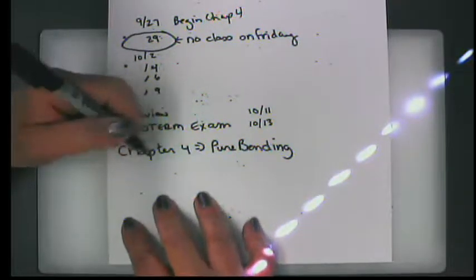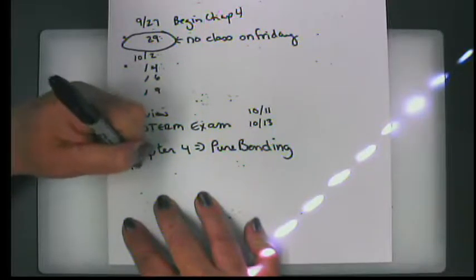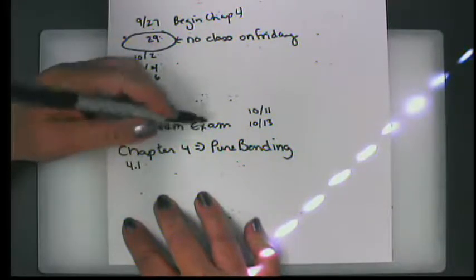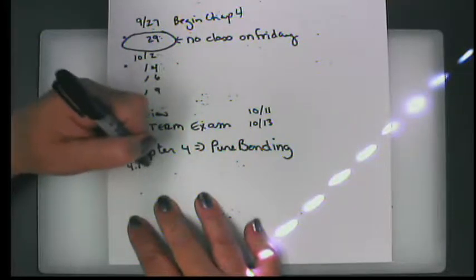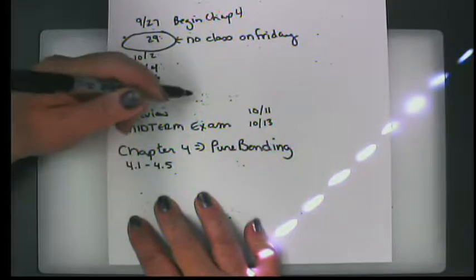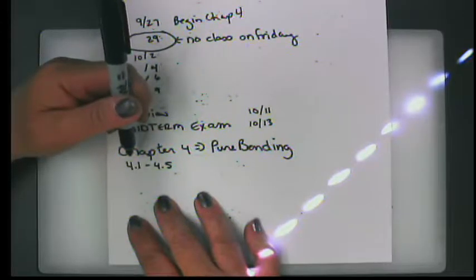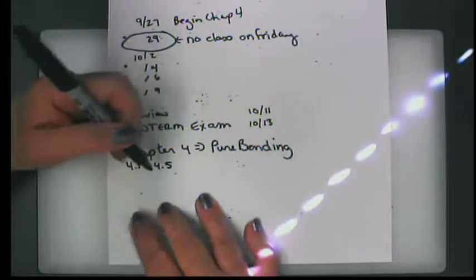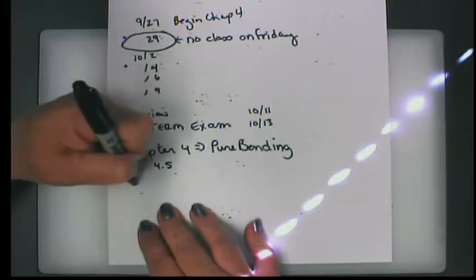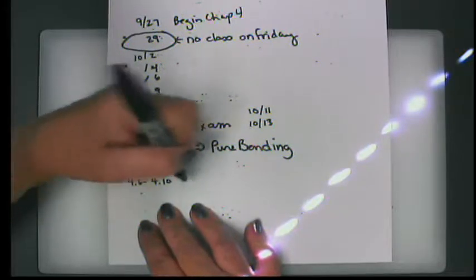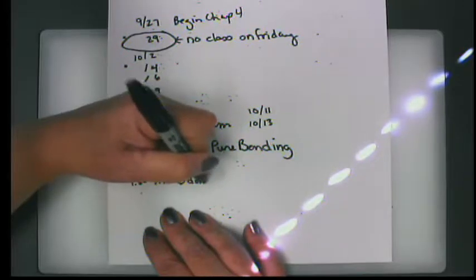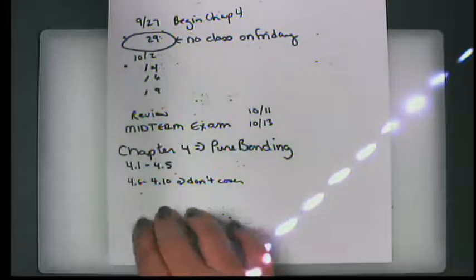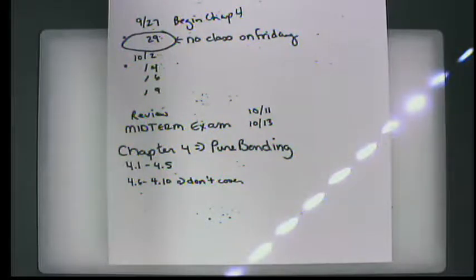Chapter 4 consists of 10 sections, but we do sections 4.1 through 4.5. We eliminate 4.6 through 4.10. We don't cover these sections. After we get the basics down, the main focus is actually section 4.4.